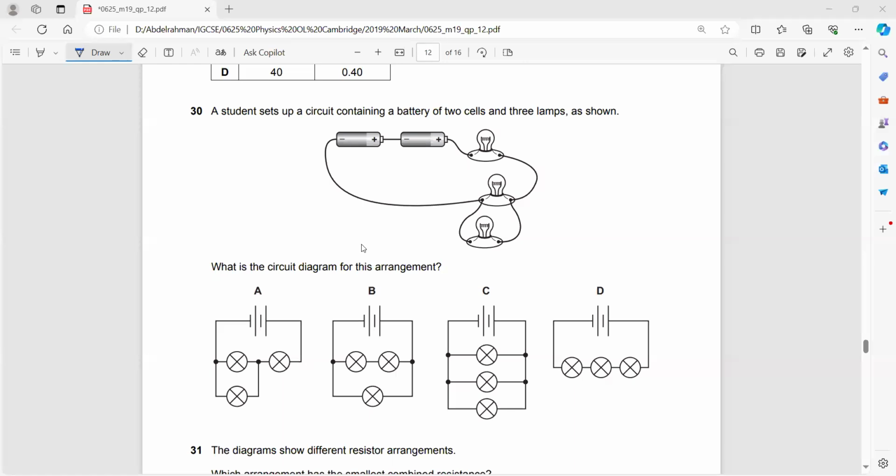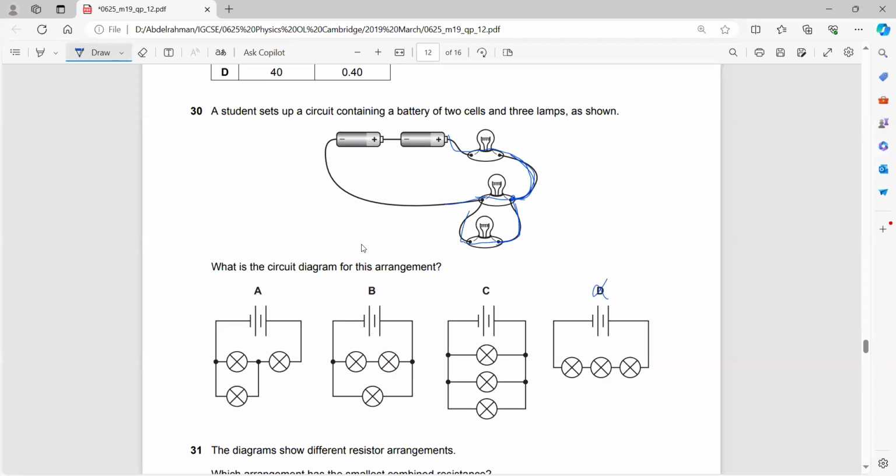Let's check them out. Are they all in series, for example, like in D? Definitely not. Why? Because it's not the same wire. The wire was cut at this point, so they are not all in series.